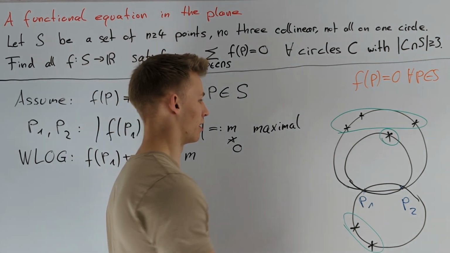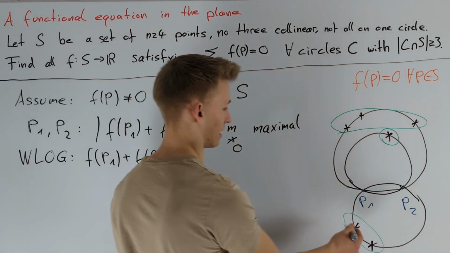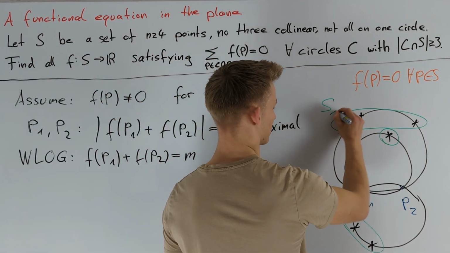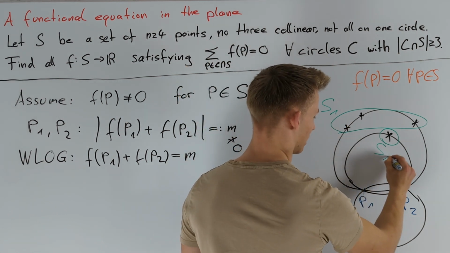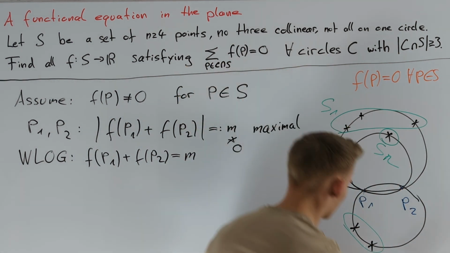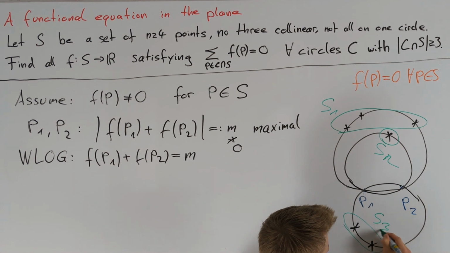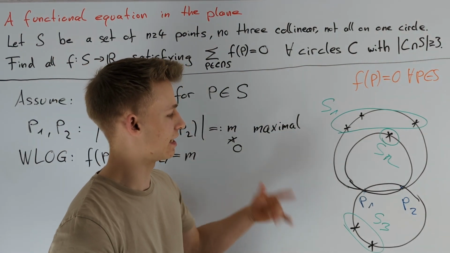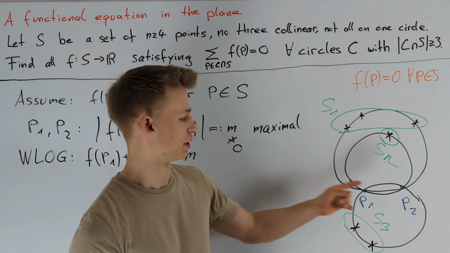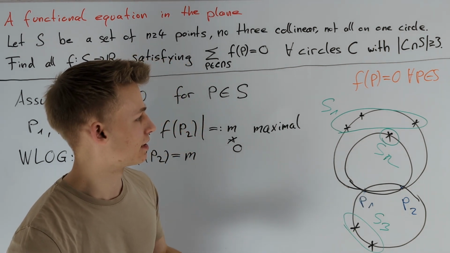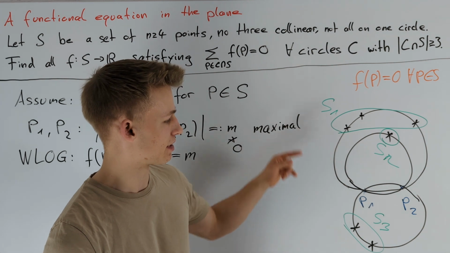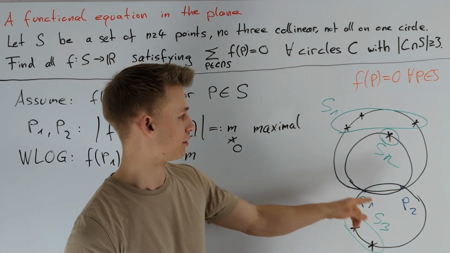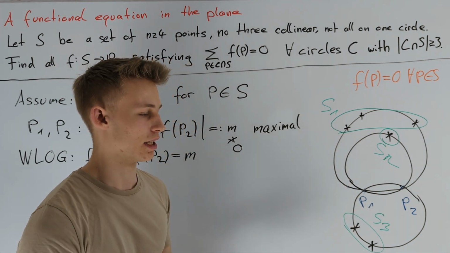To have a better notation, I want to give the sets names. So I call this set here S1, this set here S2, and this set here S3. In general, this is a partition of all the points in the set S not containing p1 and p2, in such a way that 2 points are in the same set if p1, p2 and these 2 points are concyclic.